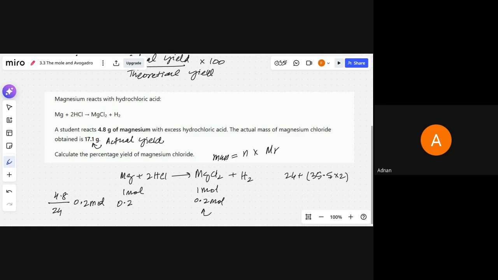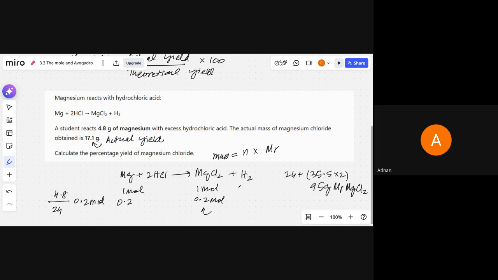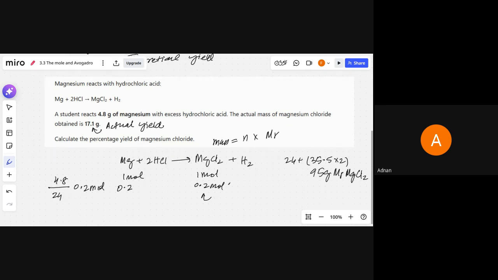So 71 plus 24, we get 95 grams, right? So 95 grams is the MR of MgCl2.